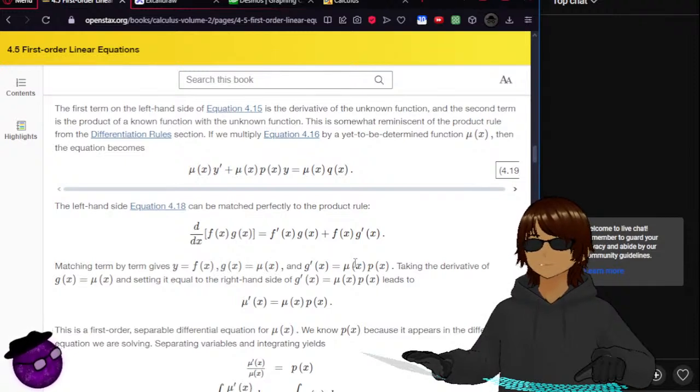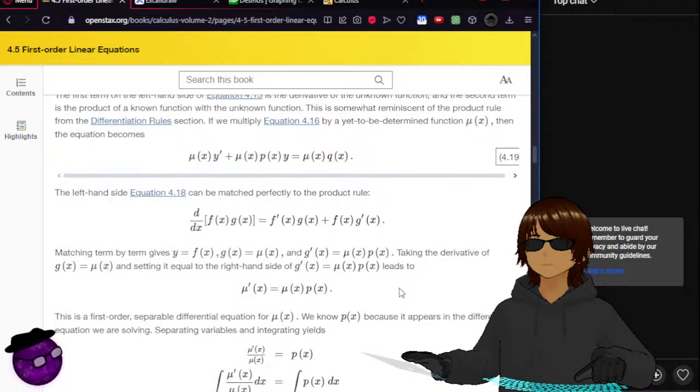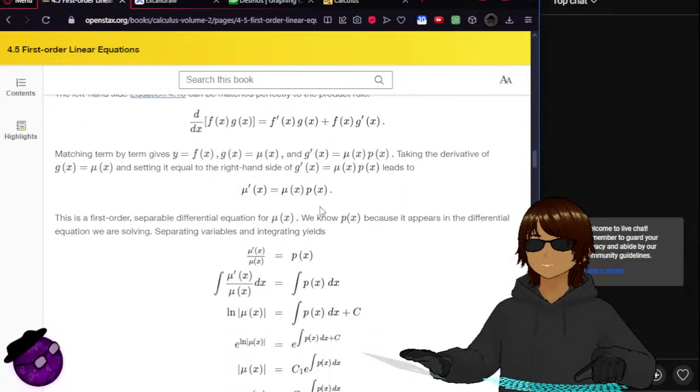Taking the derivative of g of x gives u'(x). Setting it equal to the right hand side leads to this.